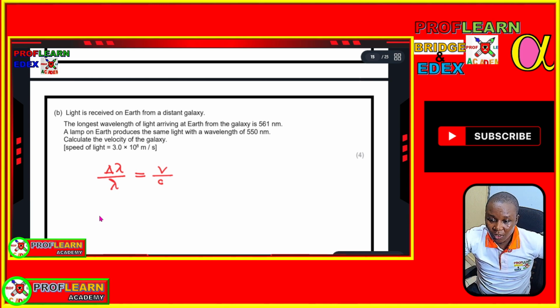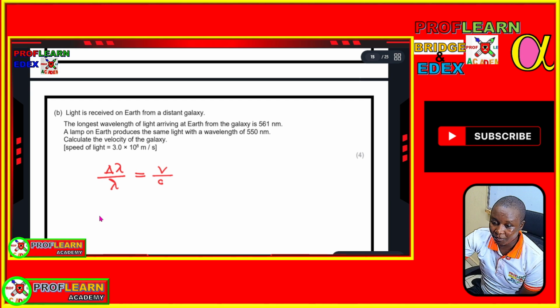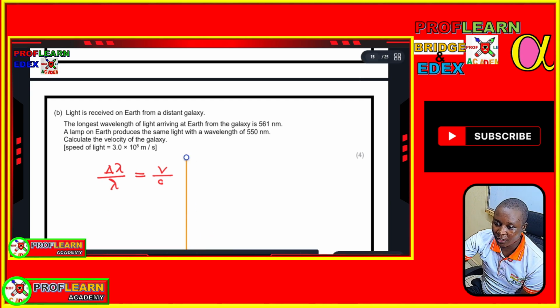The lambda that you are using down here should be the wavelength in the lab of the light from the lamp, and C is the speed of light. Then V is going to be the speed of the galaxy.